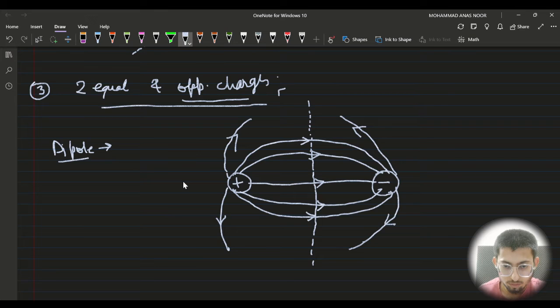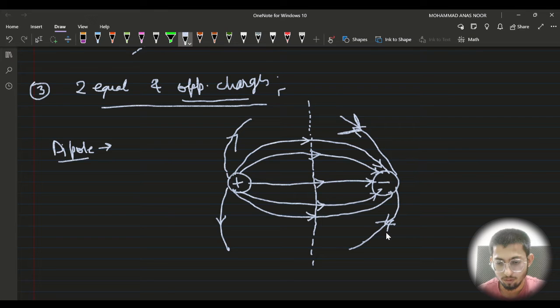I said on the electric line of arrow words, this one at this point, not this, the one which is at the outer. Oh, sorry, I drew it in the wrong direction, right? So this should be like this. Corrected me, thank you. This should be inward, okay? Yeah, now it is correct.